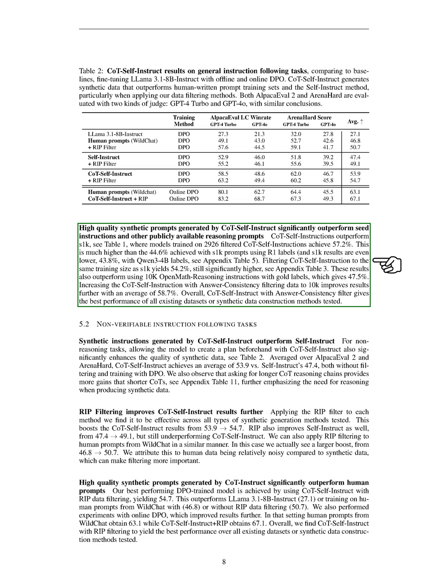Even when we filter CoT-Self-Instructions to match the training size of S1K, we still achieve 54.2%. These results also surpass those obtained with 10,000 open math reasoning instructions, which yield 47.5%. Increasing the CoT-Self-Instructions with answer consistency filtering to 10,000 further improves results to an average of 58.7%.